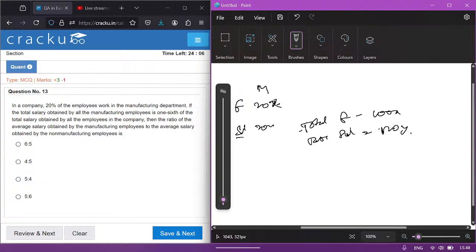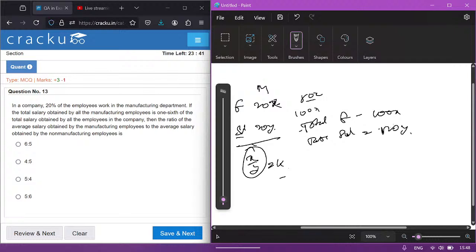Salary that they're getting is 20y. Average salary would be y by x. Let y by x be equal to k. Average salary non-manufacturing is 80x people and the salary is 100y.